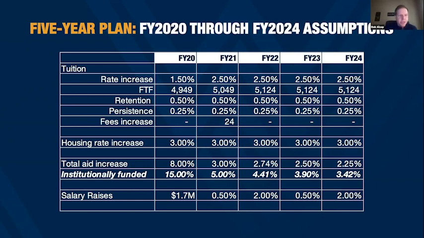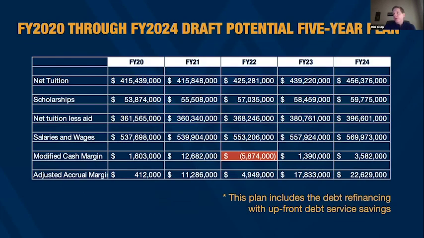Some retention and persistence growth, and some cost of living, housing rate increase, and institutional aid moving forward. And you can see we put in some salary increases there. So if we were to hit, pre-COVID, these numbers of first-time freshmen and retention and persistence growth, again, 4,900 first-time freshmen moving through the 5-year plan, this is what our financial model looked like pre-COVID.